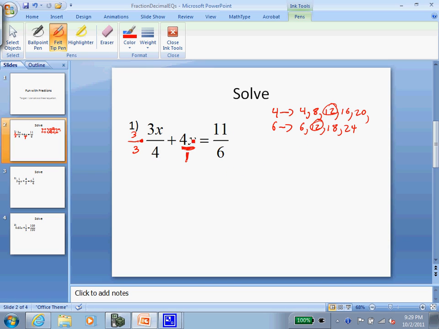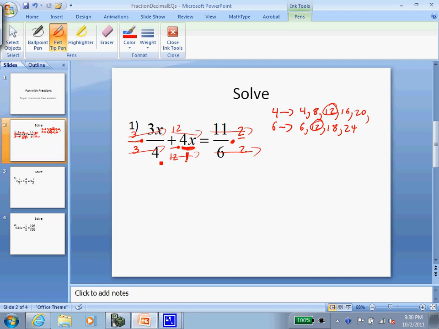So we're going to do the same thing with 4x over 1. And so I need to multiply both the numerator and denominator by 12 to change it to 12ths. And with the 11/6, I need to multiply the numerator and denominator by 2 to get an equivalent fraction in 12ths. So now let's rewrite, and again remember we multiply fractions straight across the top and straight across the bottom.